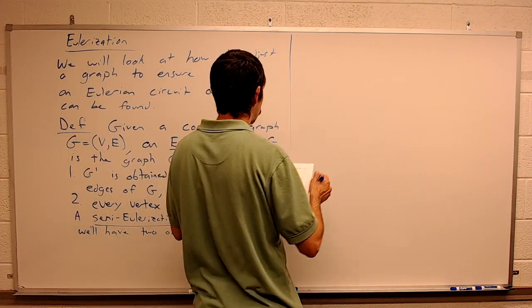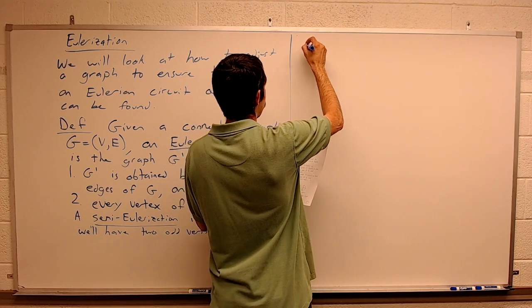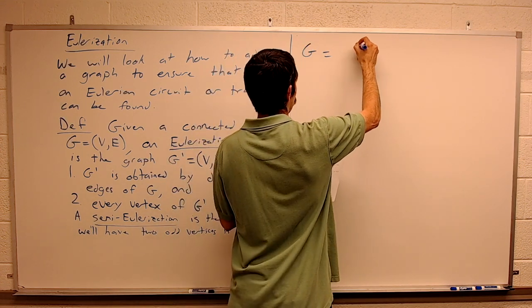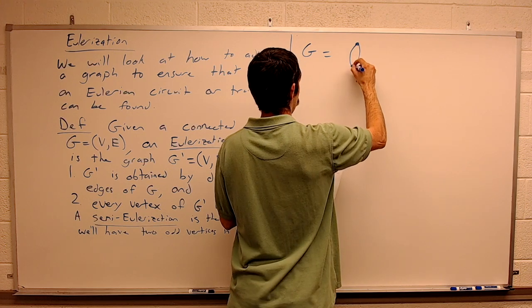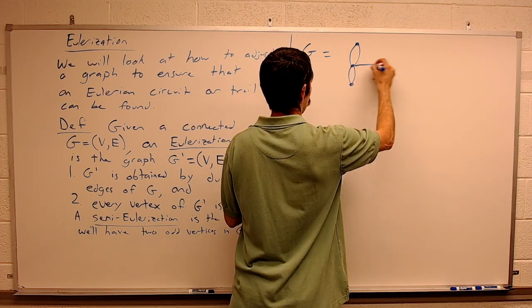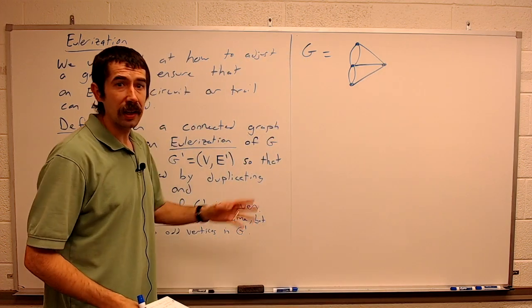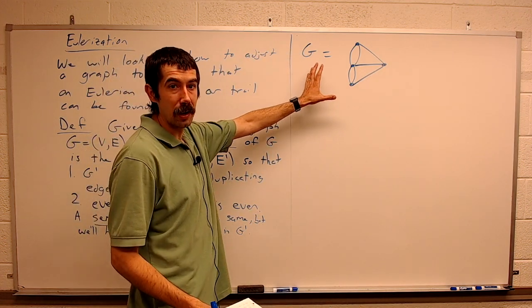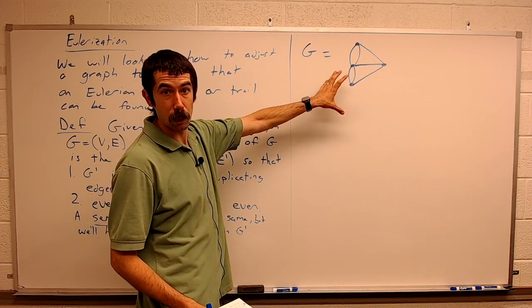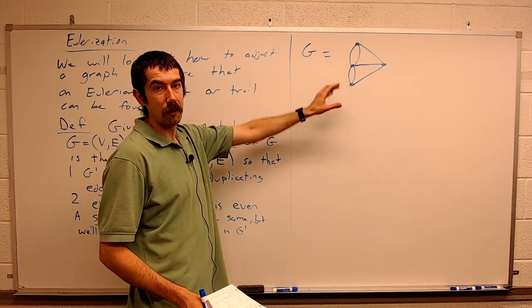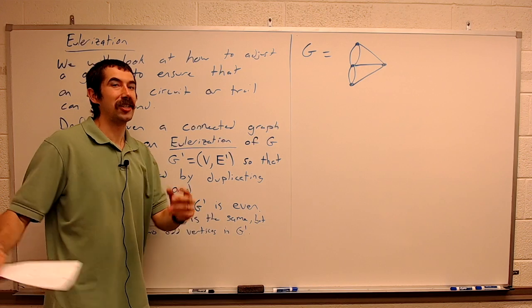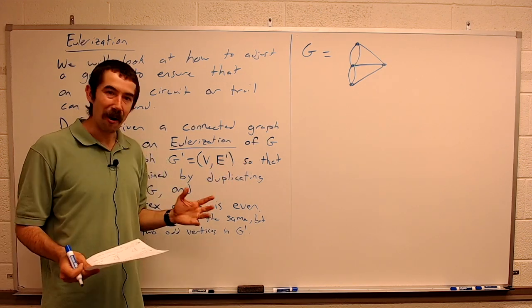Suppose our graph is this. This graph may look familiar to you. This is the Königsberg Bridge map, right? That's the question that started this whole field, the Königsberg Bridge problem.